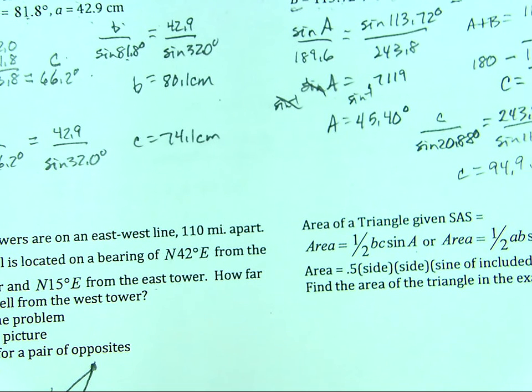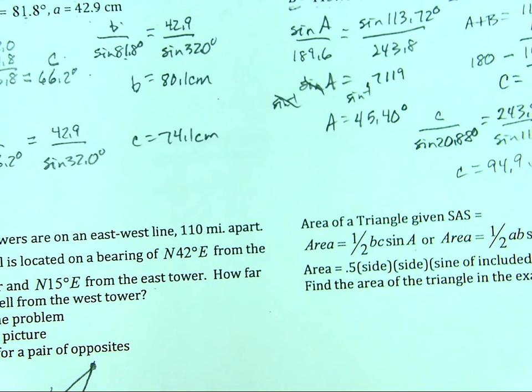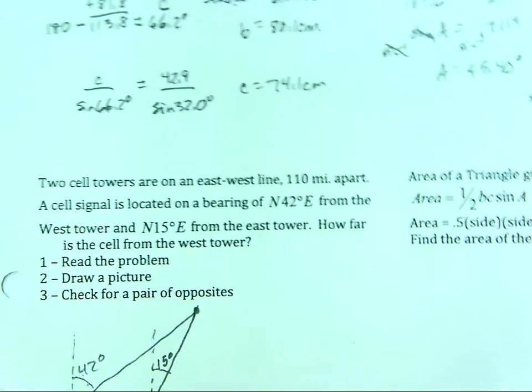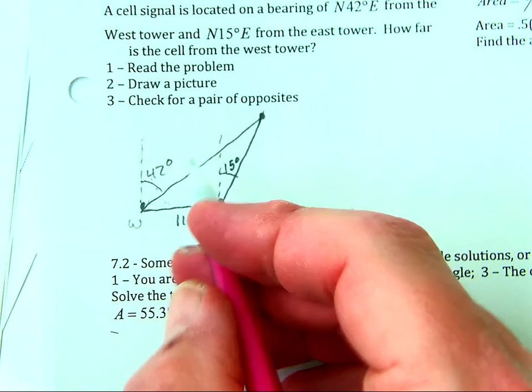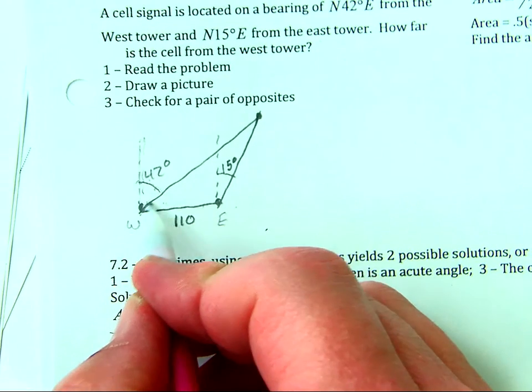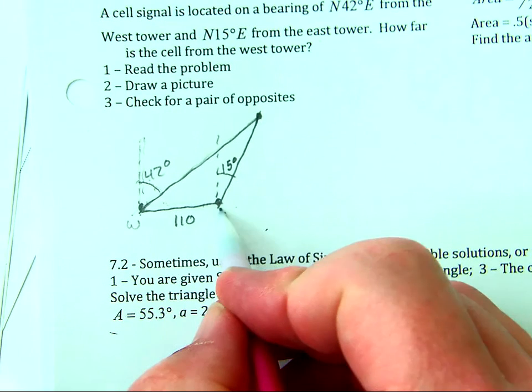Now first, we need some angles in there. It says this is an east-west line. So here from west, we went north, and we went east 42 degrees. So that's where that line came from. Then we moved over to the east tower.